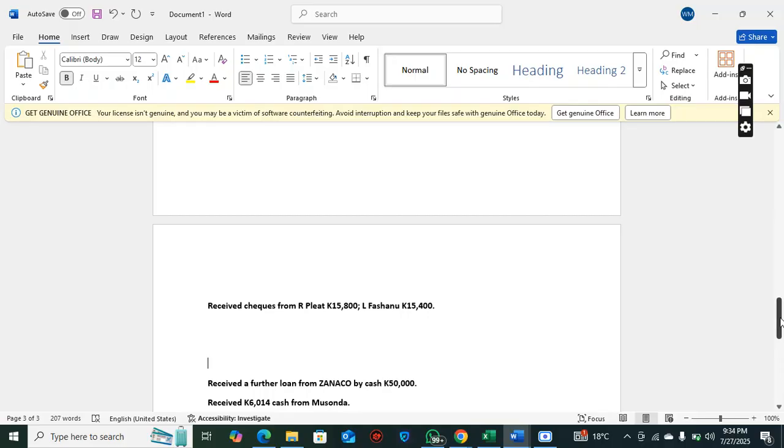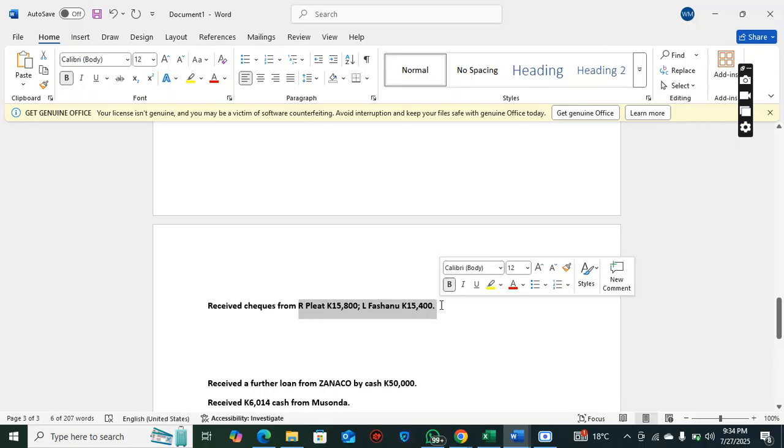Okay. So we've got two asset accounts here. Our debtors, Araplit and El Fashano, these are our asset, and also the bank account. So since our debtors are paying us, that's a reduction in our asset. So reduction in an asset, you credit. So we're going to credit these debtors here. Then since money is coming through the bank, increase in an asset, you debit bank.